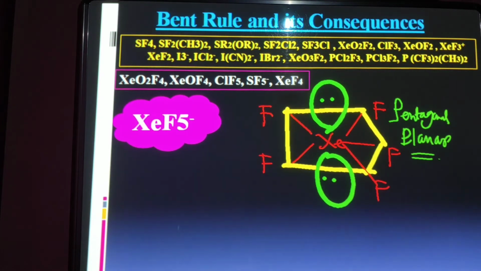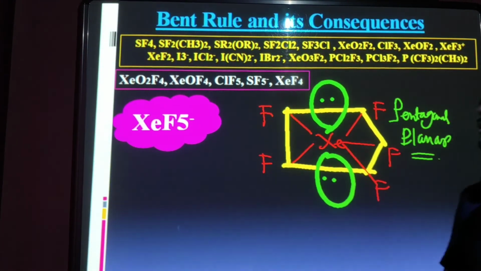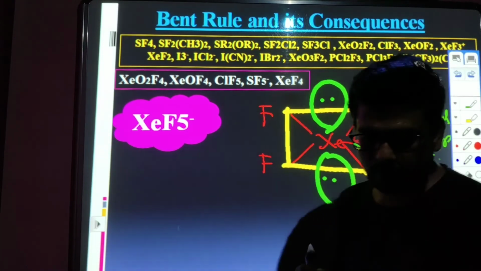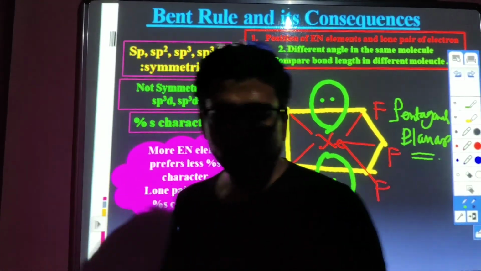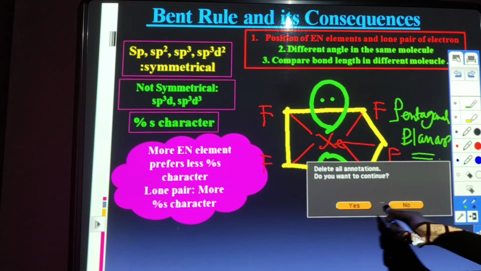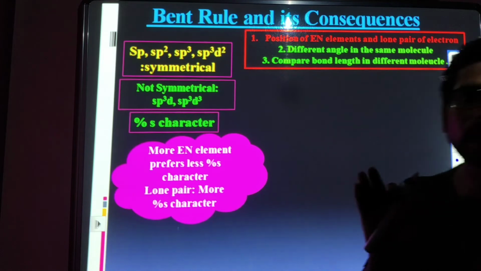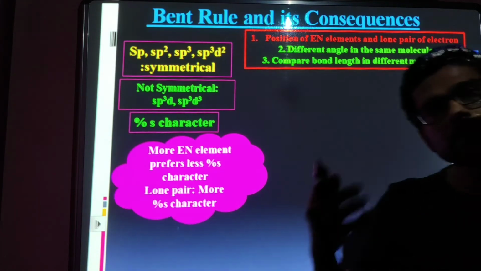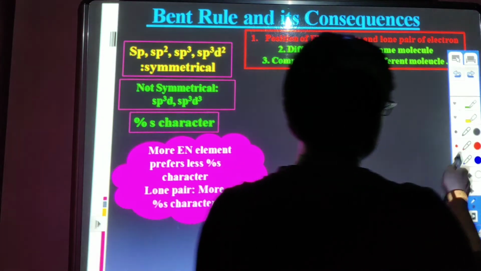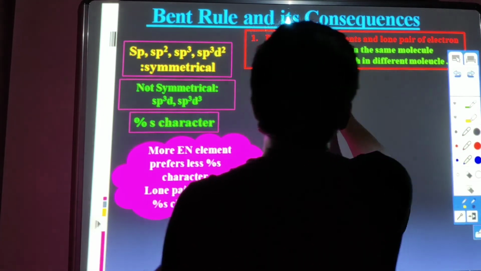Now, I think structure related things I have mostly discussed. There are two more things left. One is the comparison of angles, that I will discuss later.